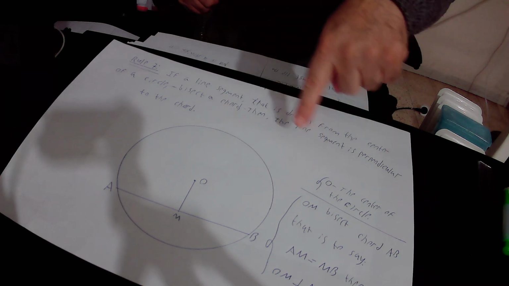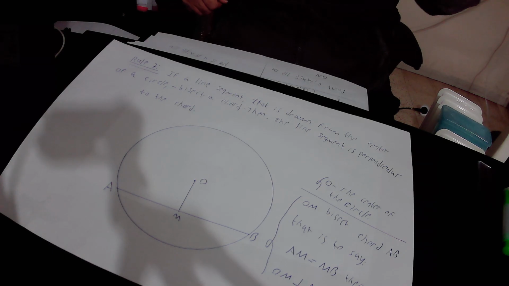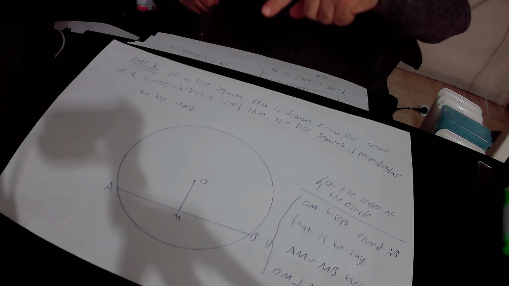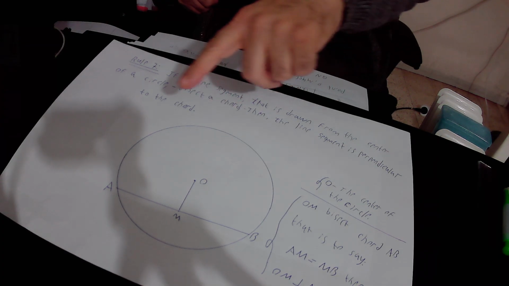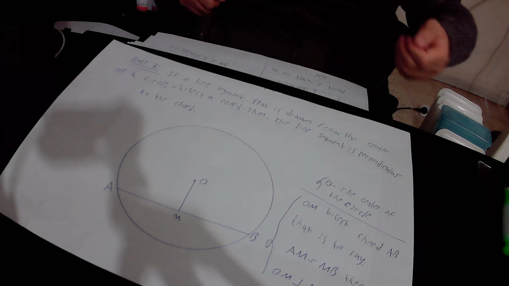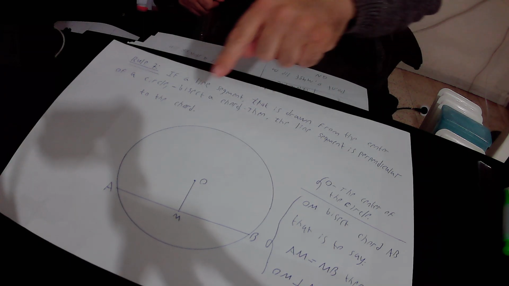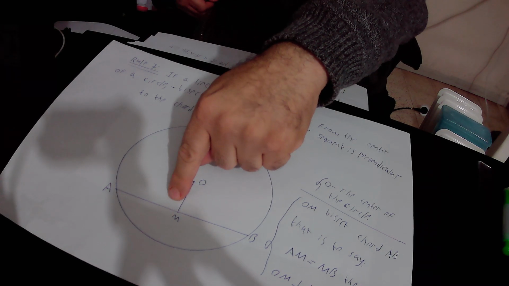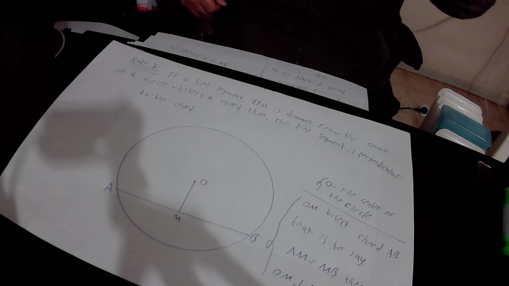The center of the circle is here at point O. From the center of the circle, that is to say from point O, we draw the line segment OM that bisects chord AB. That is to say AM equals MB. And because OM bisects AB, OM will also be perpendicular to AB. That is to say this angle equals 90 degrees and this angle equals 90 degrees.